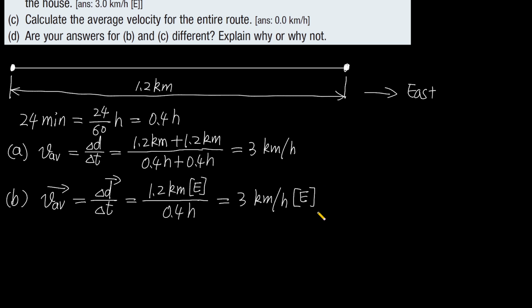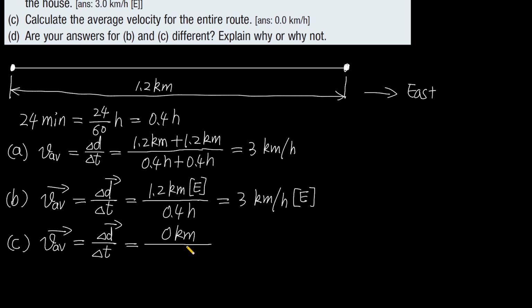Now question C. Still use the formula. The average velocity equals the total displacement delta d divided by the time interval delta t. For the entire route, they start from their home and they end at their home. So the total displacement is 0 kilometers.